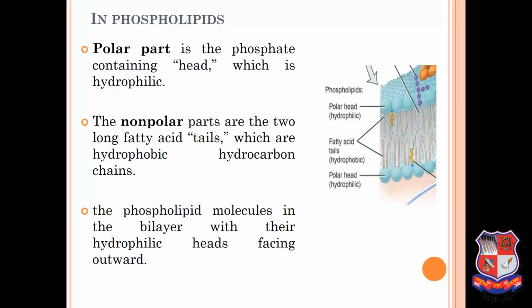This is the phosphate-containing head, the hydrophilic group of phospholipids. Second, the non-polar parts of phospholipids are two long fatty acid tails. These are hydrophobic, so one part is hydrophilic and the other is hydrophobic.